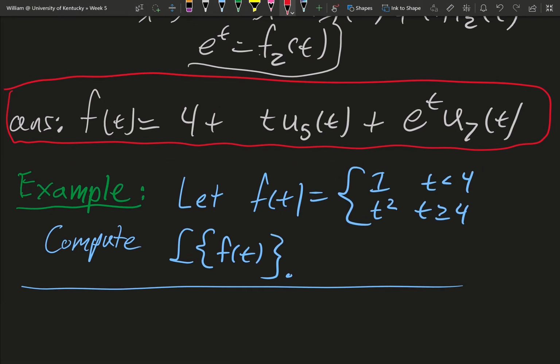So, first, the way we do this is write f of t as a combination of Heaviside functions.